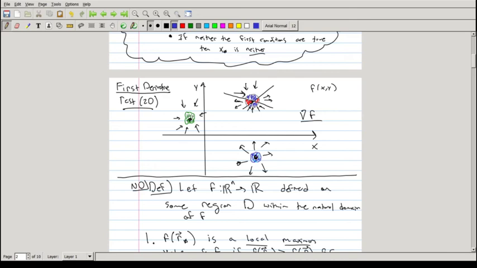Now, there are many different types of saddles, and when we get to the examples, I'll give you a couple examples of a standard saddle and also a relatively special, different type of saddle.